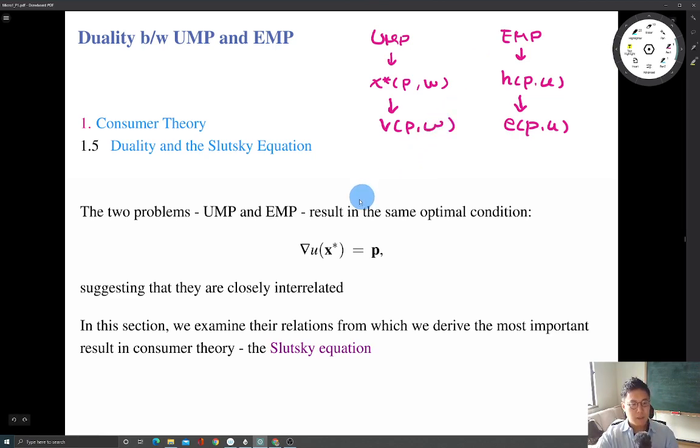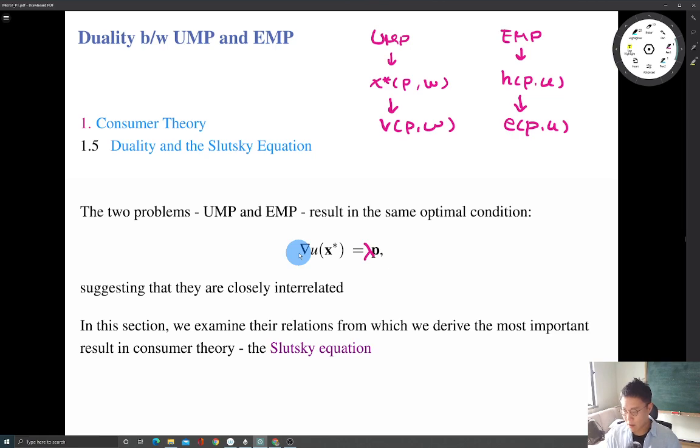The condition in the UMP requires that the gradient vector of U at the optimal solution is equal to, I didn't specify the Lagrange multiplier here, lambda times P. And then for the condition for the EMP, expenditure min, we have almost the same condition, but the only difference is the Lagrange multiplier now appears on the left-hand side. So at least for geometric interpretation, these two conditions have the same meaning.